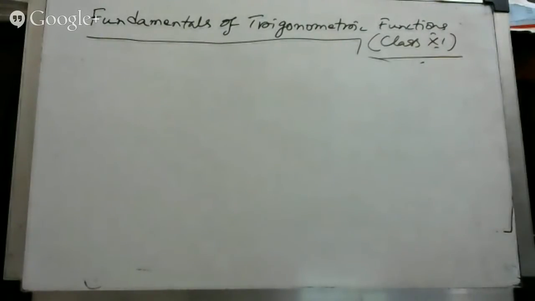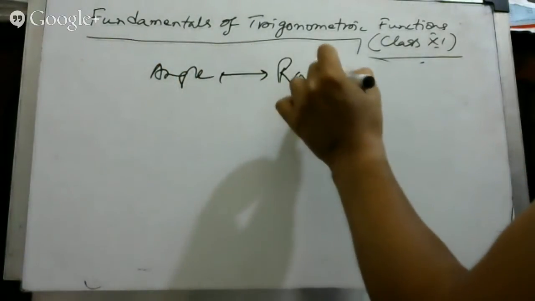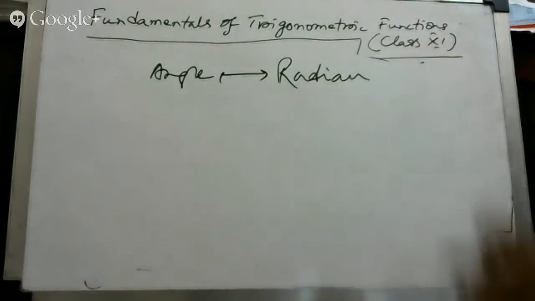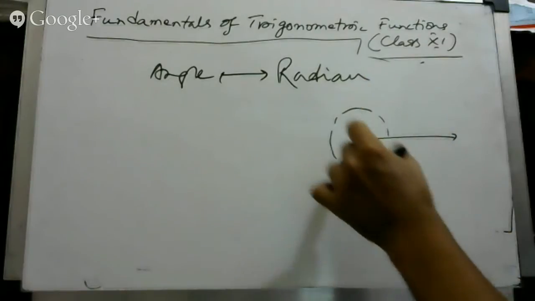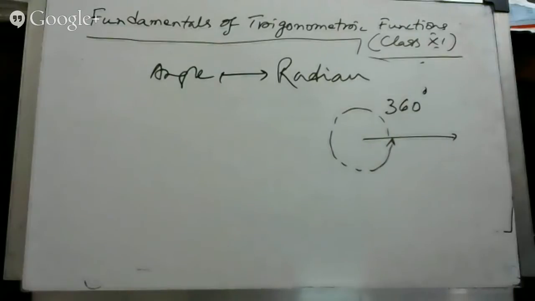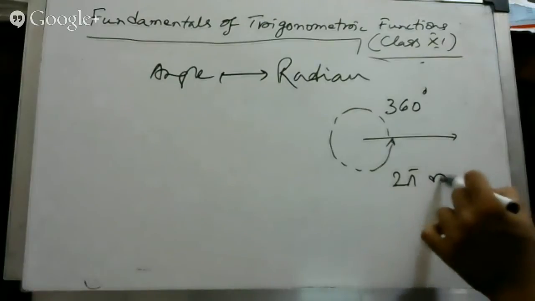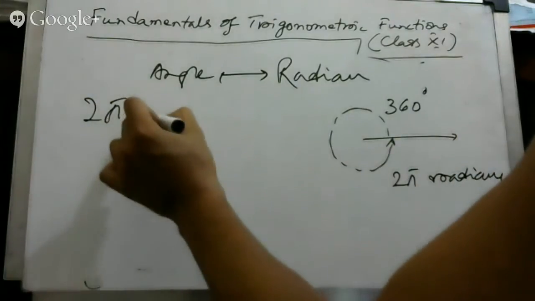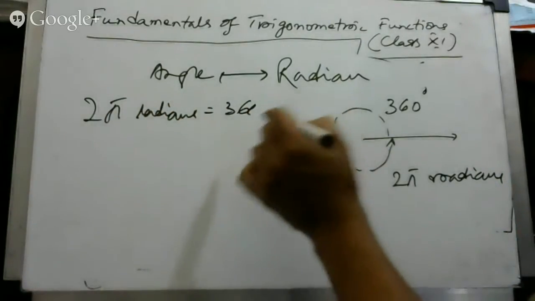So the relationship between angle and radian: whenever it rotates like this completely, it is called 360 degrees. And similarly, in terms of radians, it's called 2 pi radians. So 2 pi radians is equal to 360 degrees.